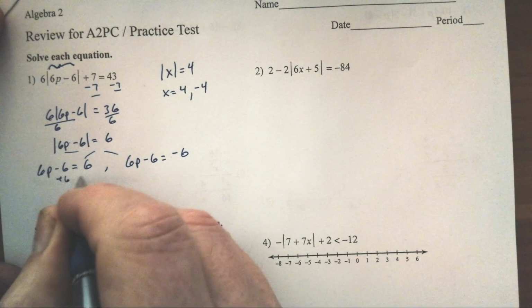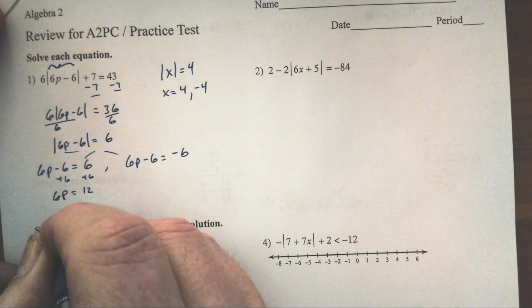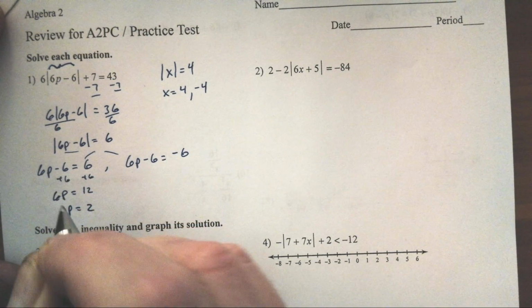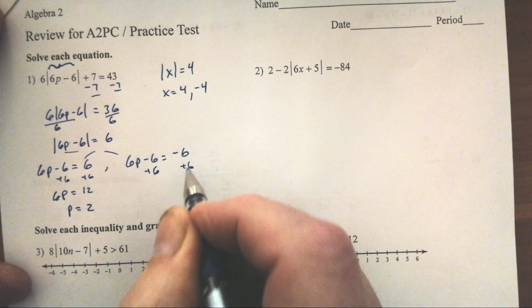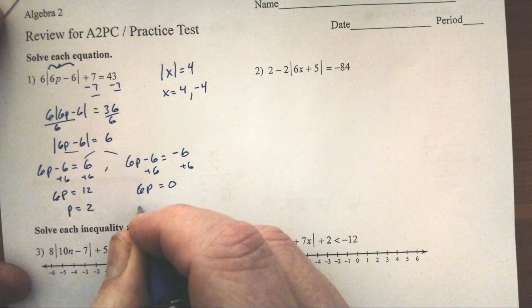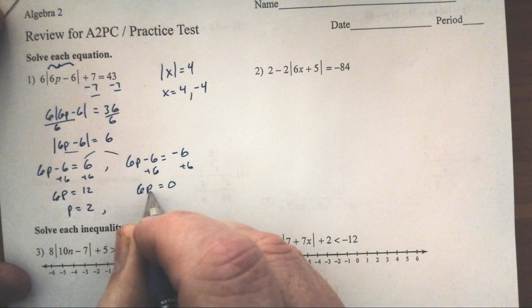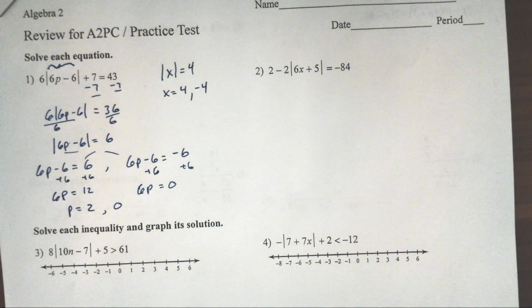So add 6, and I get 6p is 12. Divide by 6, I get p could be 2. Add 6, and I get 6p equals 0. So p could also be, dividing both sides by 6, 0. So our solution is 0 or 2.